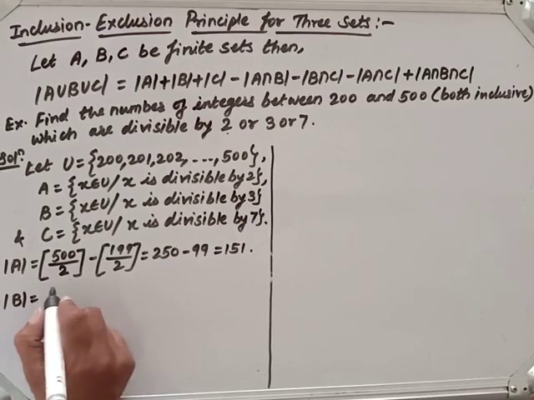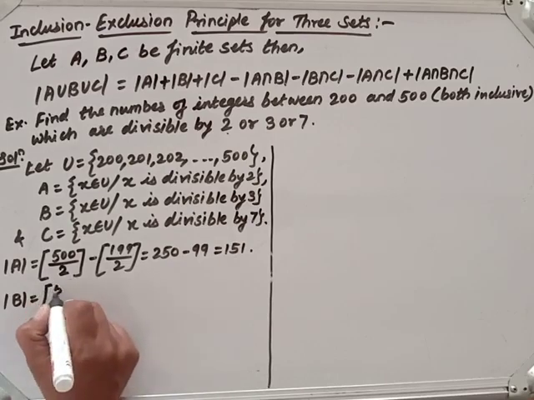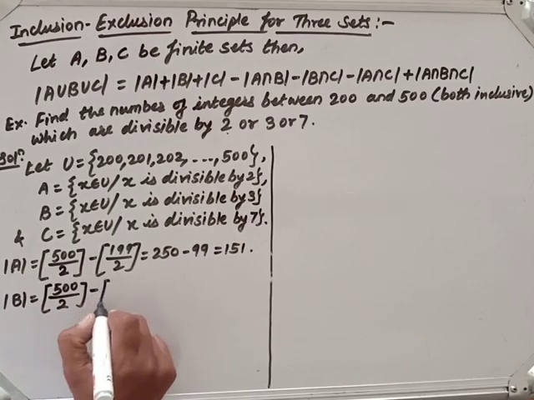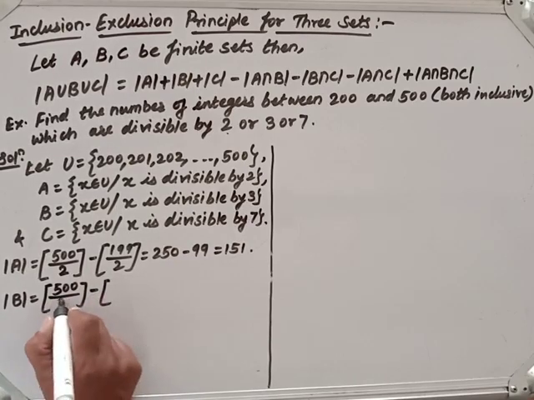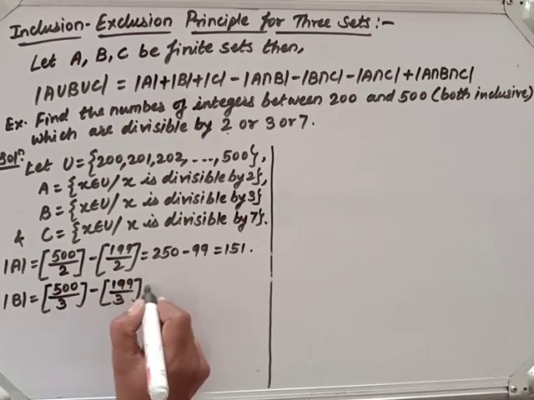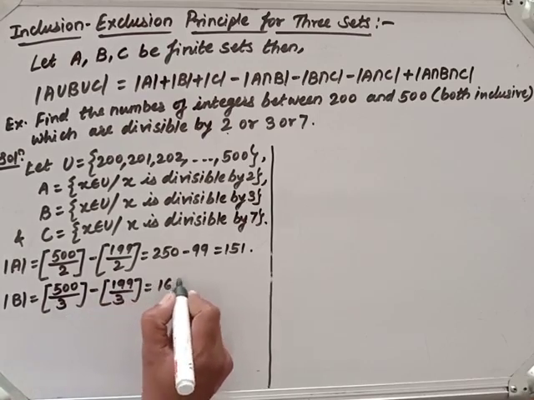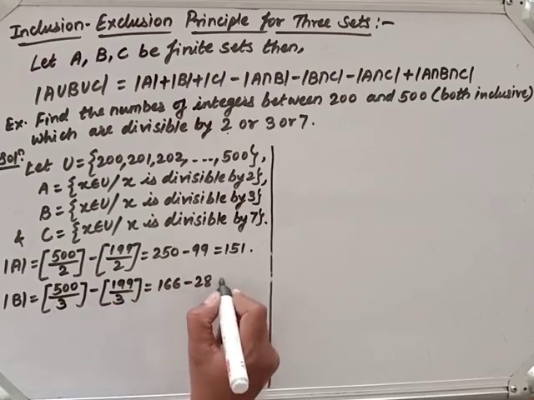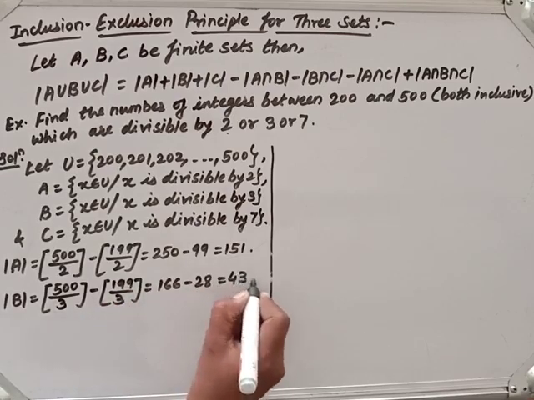Now cardinality of B will be 500 upon 3, sorry, 3 is here, minus 199 upon 3. So it will be 166 minus, taking the greatest integer function directly, 66. So it will be 100.